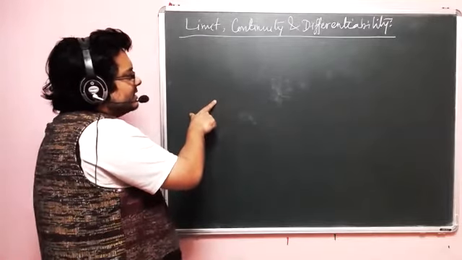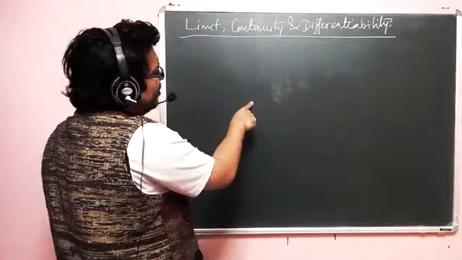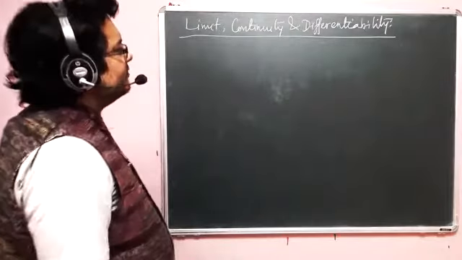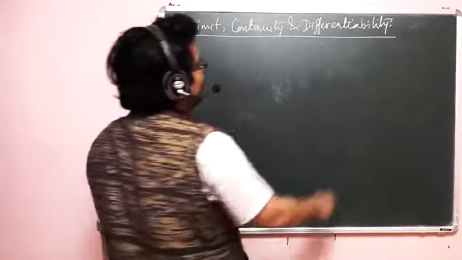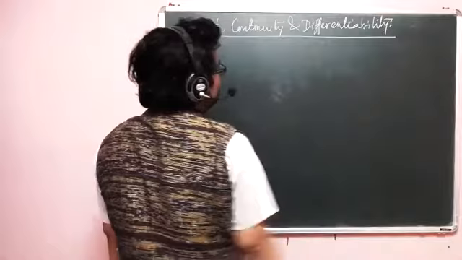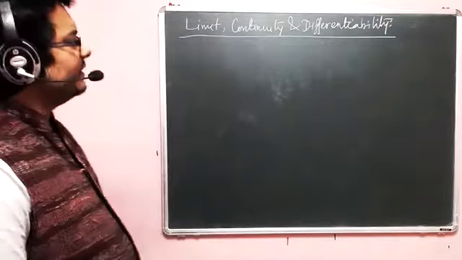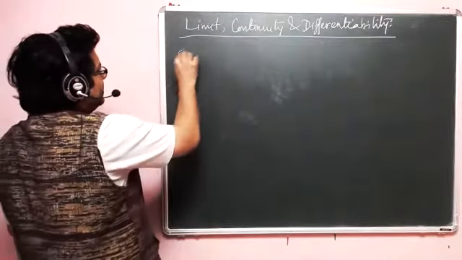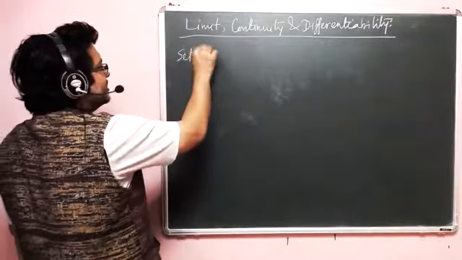We put some restrictions on that and we get an idea called continuity, and then we put some further restrictions and we get the concept of differentiability. So it starts from the very idea of set theory, just to give you the background so that you understand and are able to connect whatever you have studied till date. So we start with set theory.